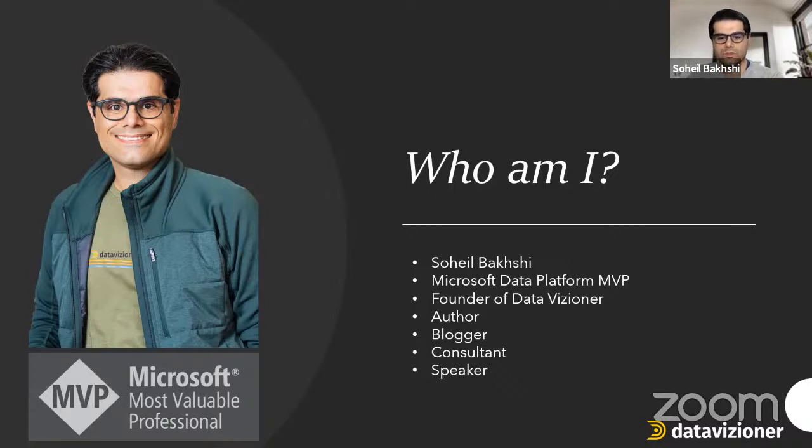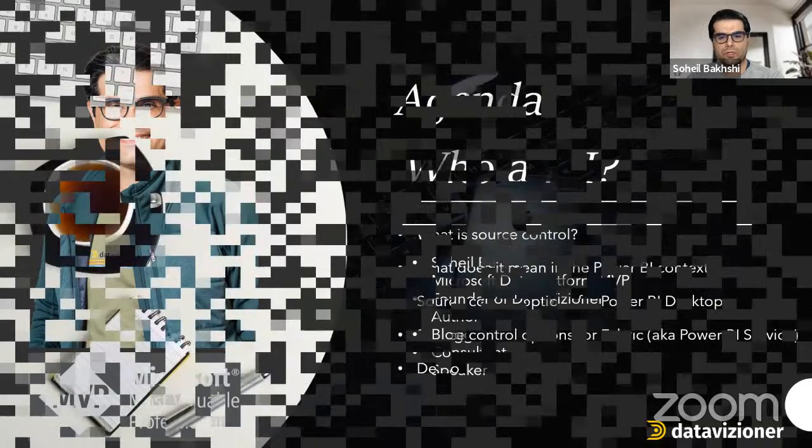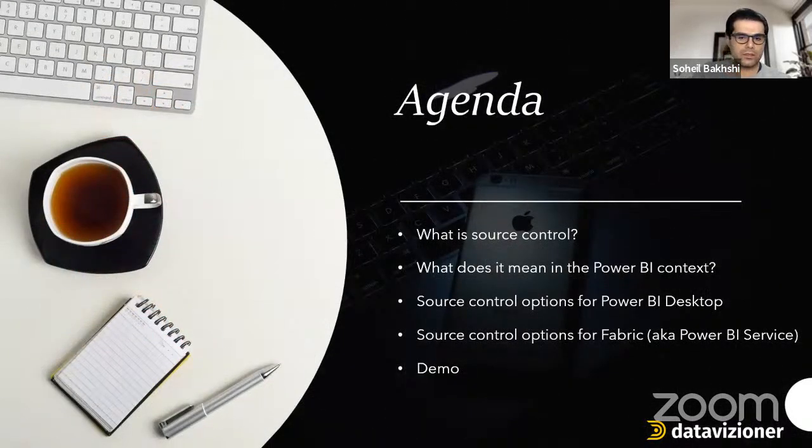The agenda for this session is about what source control is, what it means in general. We will not dig really deep into source control. People have written multiple books about source control and version control and those sorts of things. We just scratch the surface in this session.